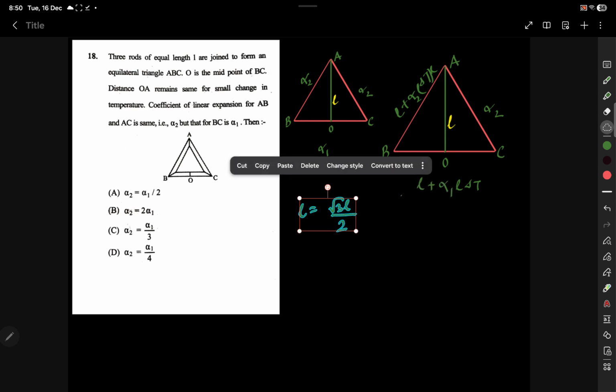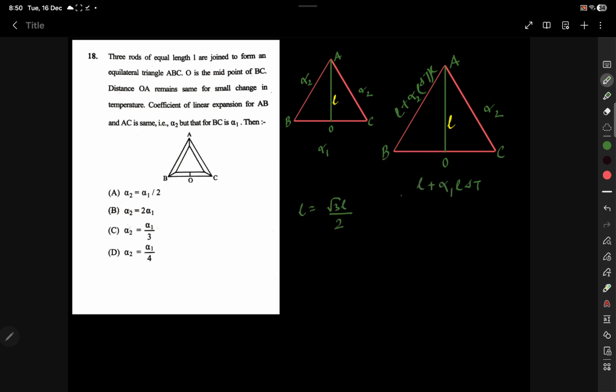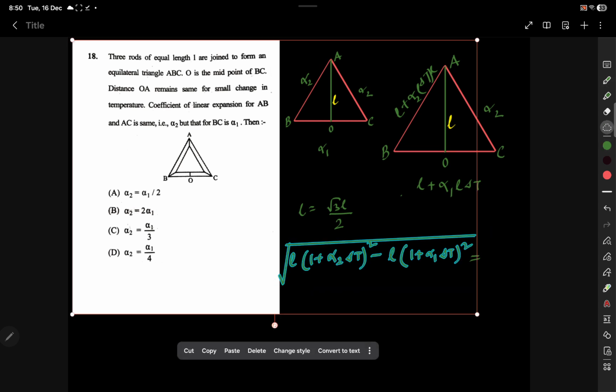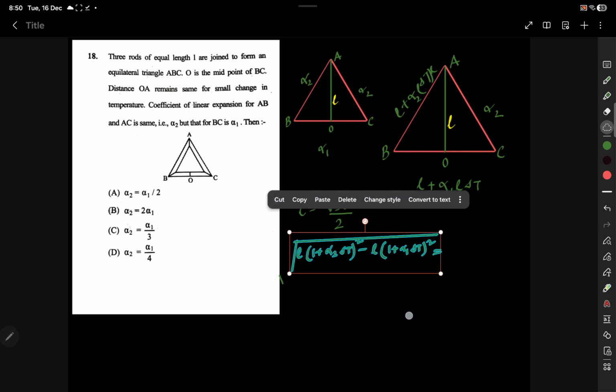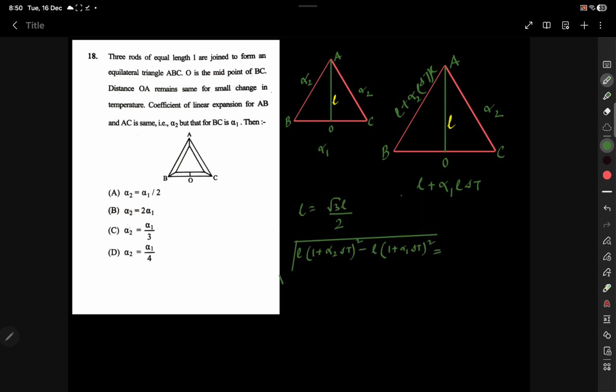Initially this was the length, and the final length, I don't know the value of theta over here, so you may write it as L plus alpha 2 L delta T squared minus L plus alpha 1 L delta T by 2 squared should be equal to root 3L by 2 squared, which is 3L squared by 4.